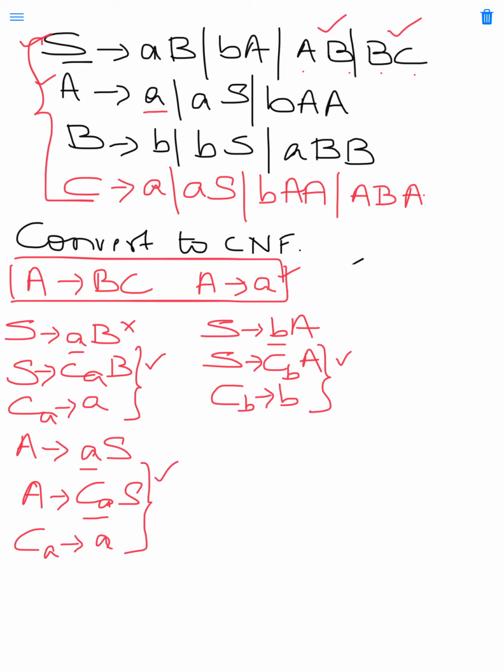Okay, then A gives bAA. So here it is somewhat different. See, in previous cases we have only two symbols in the right hand side, or a single terminal it will be having. Here it starts with a terminal followed with two non-terminals.